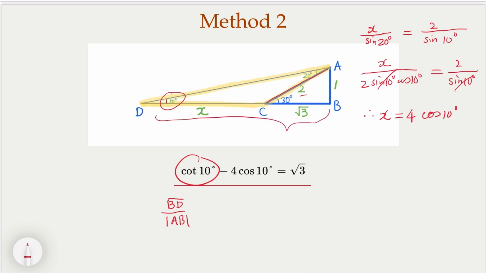And here, this would equal x plus square root of 3. So we try to prove this equation, but earlier we said x equals cosine 10 degrees times 4. So this left-hand side minus 4 cosine 10 degrees, x, and this cancels. Of course, that equals square root of 3. Marvelous. We have the proof.